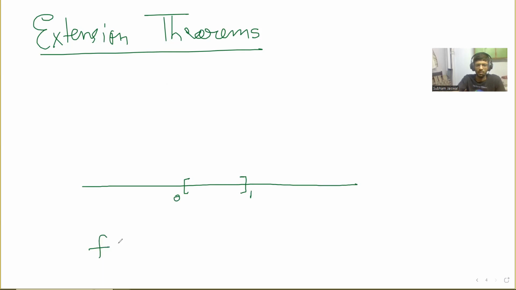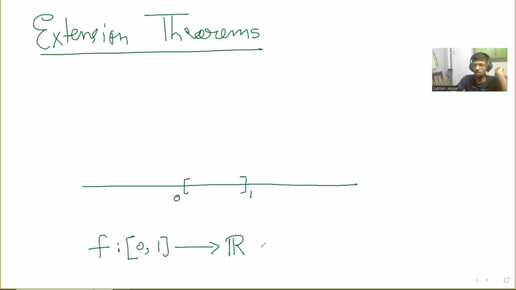If f is a continuous function, this is really the problem that we want to solve. I'm just going to mention some elementary versions of these extension theorems which you should think about, and then we can discuss the generalization next time.